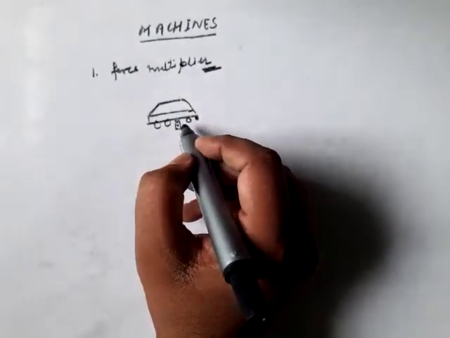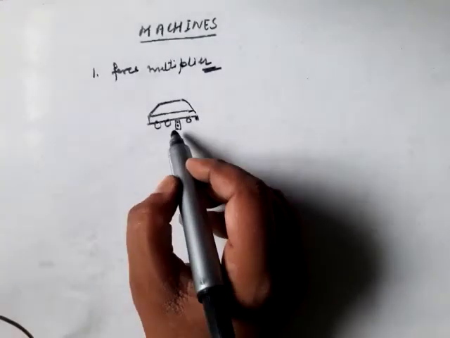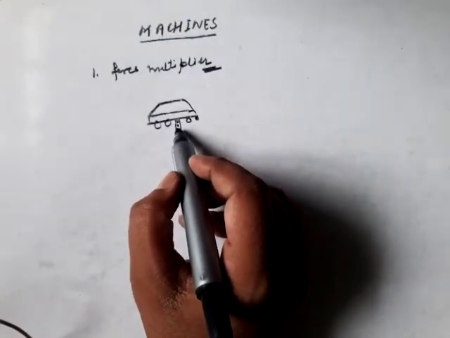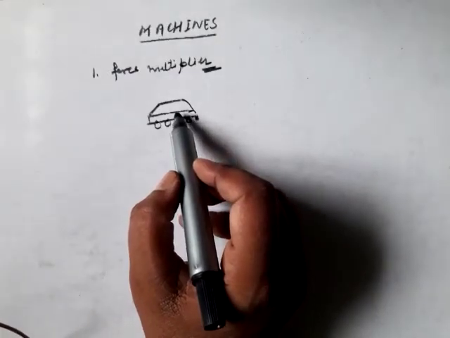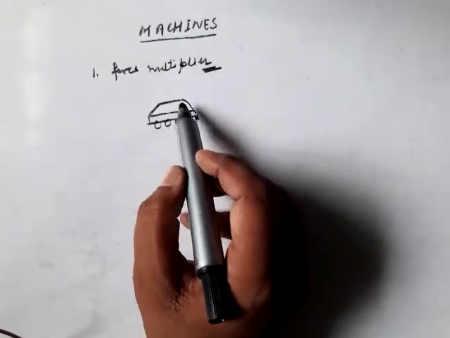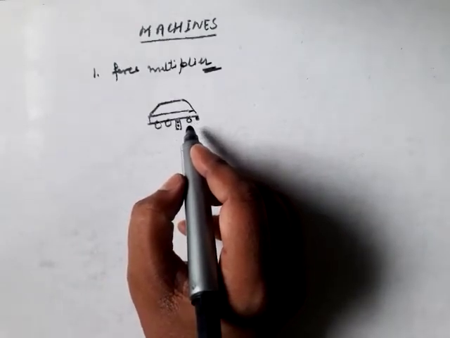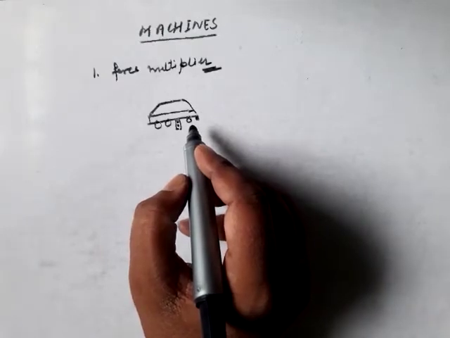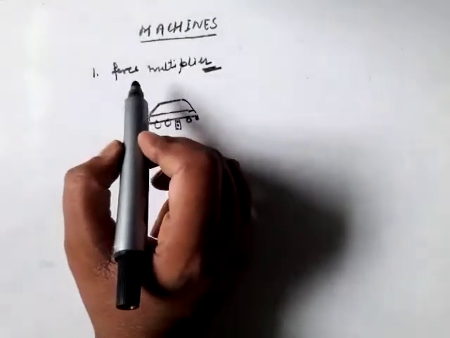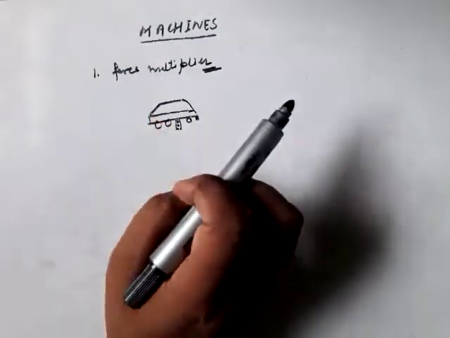It will lift this heavy car upwards. So this is a simple machine. By applying less force we are able to lift a car. The car jack is a kind of simple machine which is helpful, and it acts as a force multiplier. As a whole, we can say that it acts as a force multiplier.